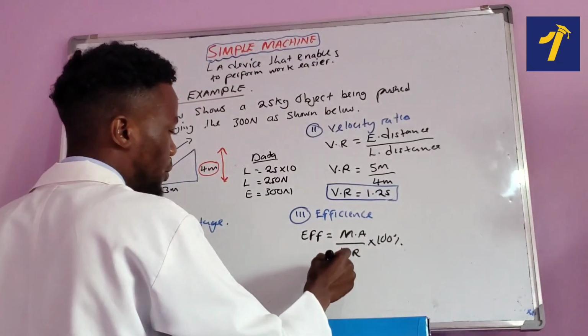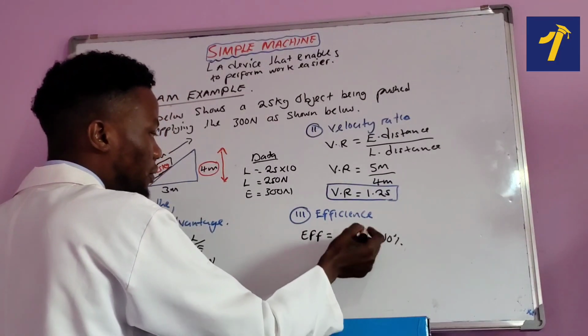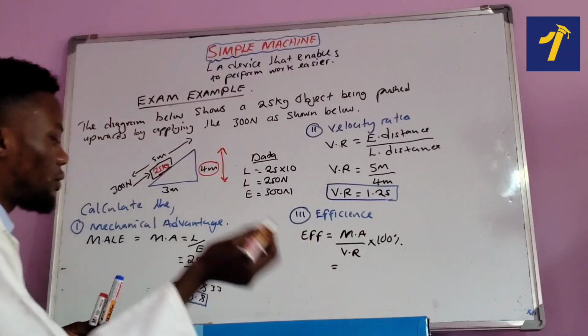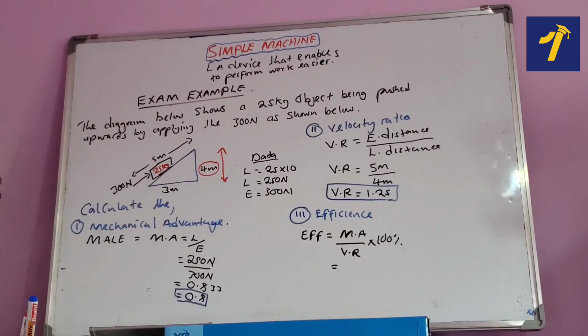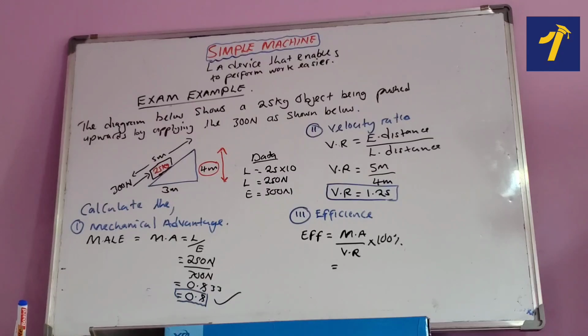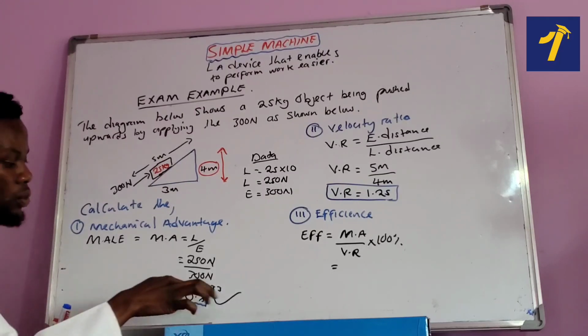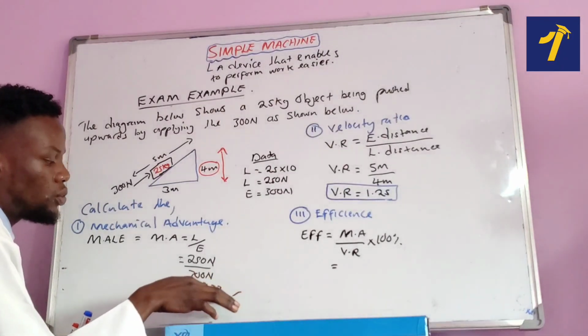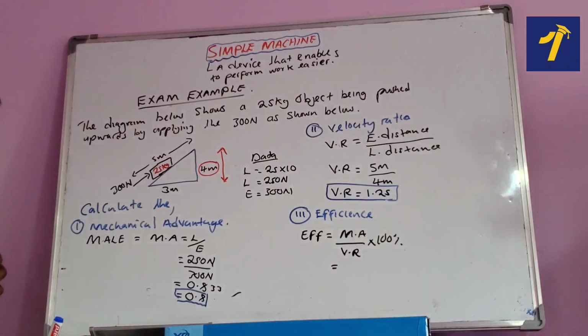So then you say mechanical advantage. Do we have mechanical advantage? If you go back to the calculations, what was the mechanical advantage that we had? We had this one, 0.8. But if you want to replace in the calculation, you need to get the one that you didn't round off.